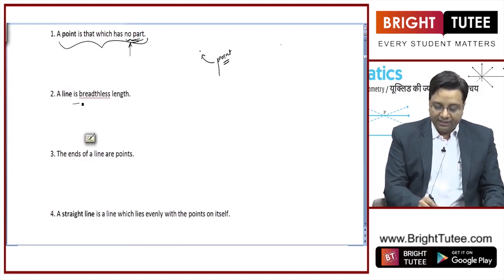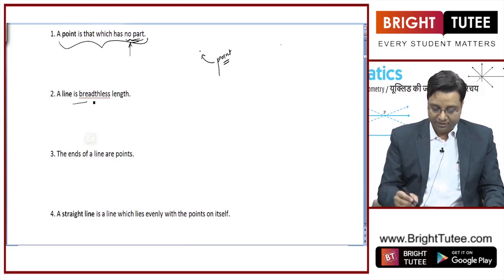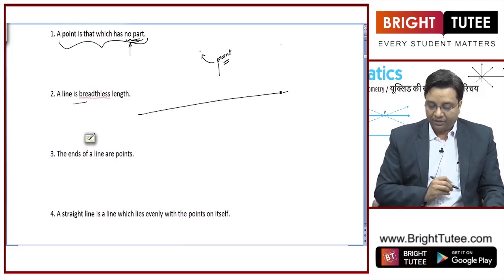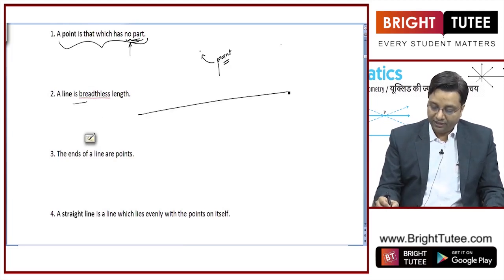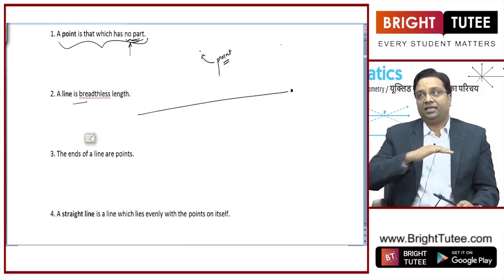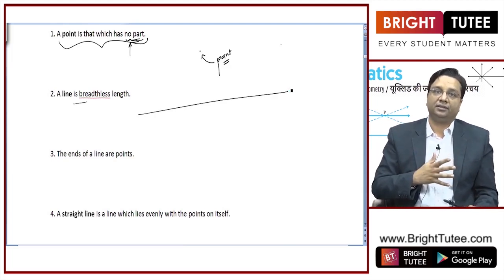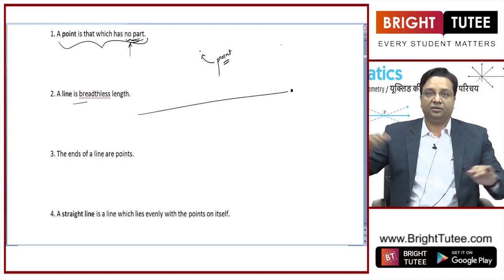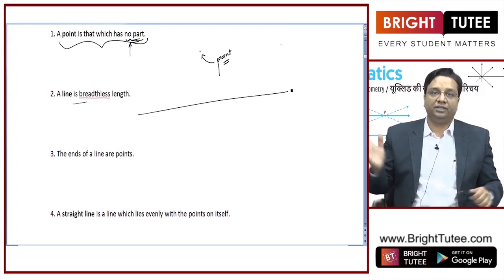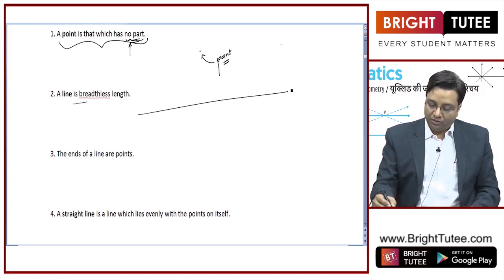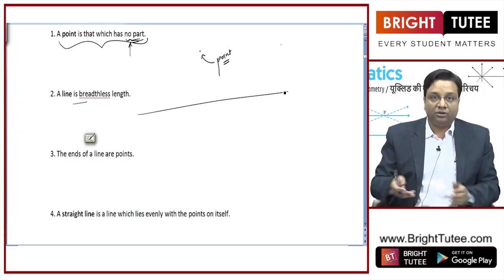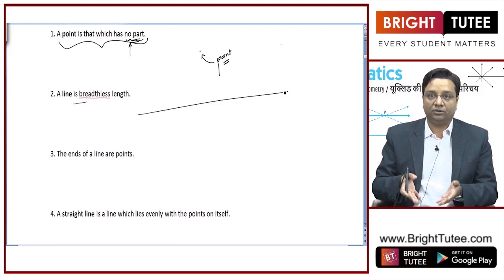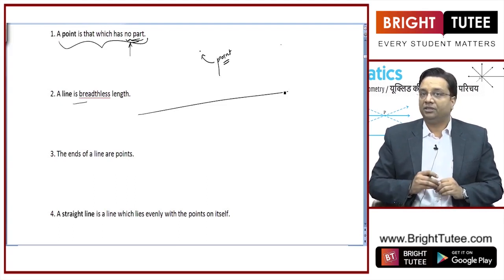A line is breadthless length. Now this is a line, and when we say a line, it means it doesn't have any end. It extends up to infinity on both sides. So we cannot draw a line on a piece of paper or on this board, because it has no end.